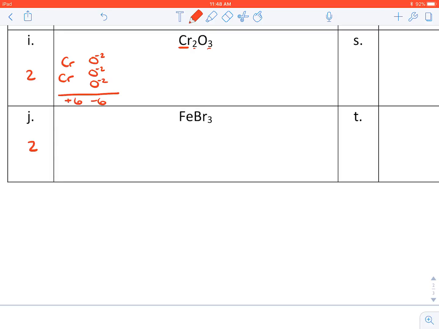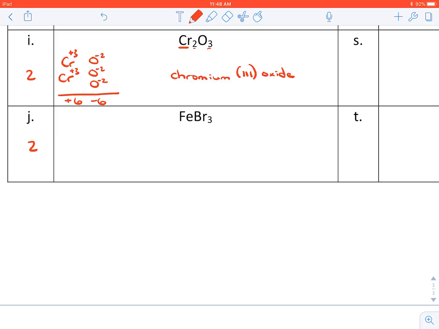This over here has to be +6. So what times 2 gives us +6? That's right, +3. So chromium is +3. So we've got chromium 3 oxide is the name of that compound.